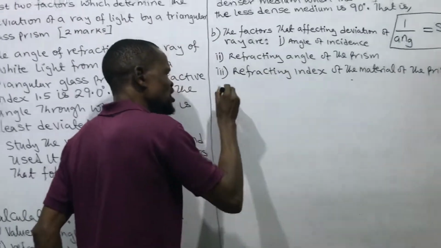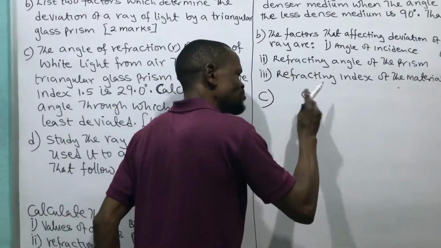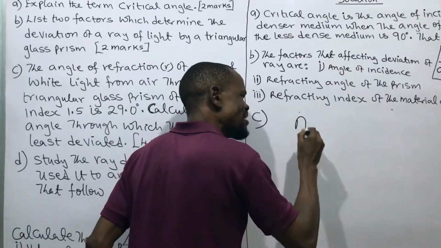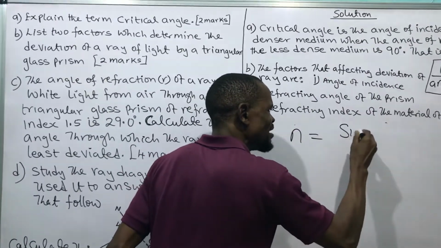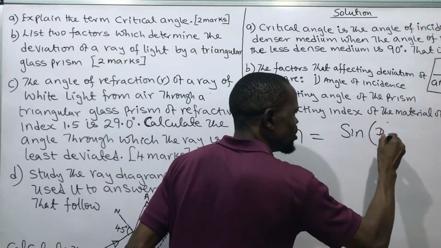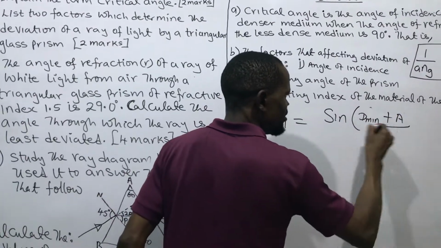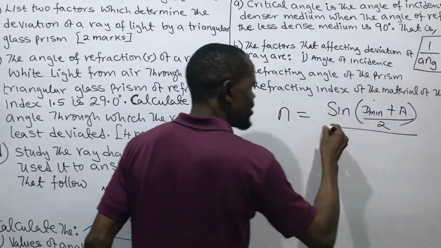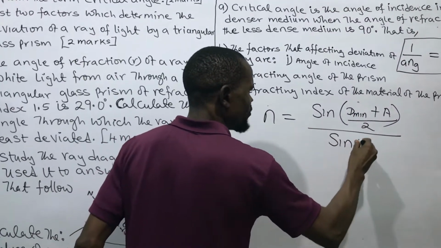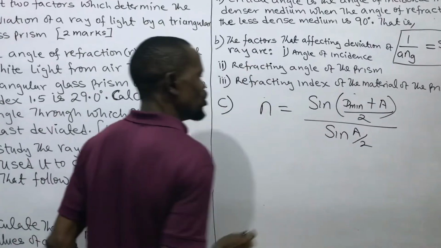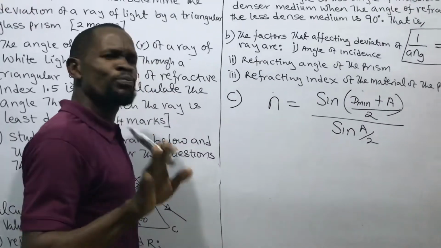I will say question C. I will use n equals sine of (Dm, which we call minimum deviation, plus A) divided by 2, all over sine of A divided by 2. This formula was proved.